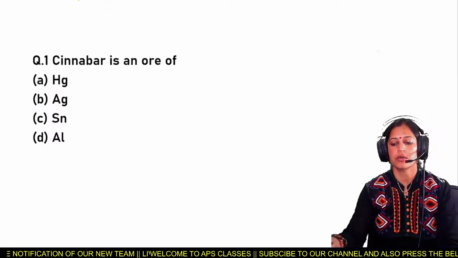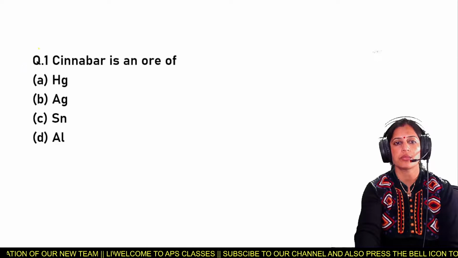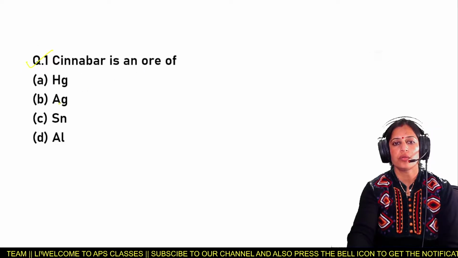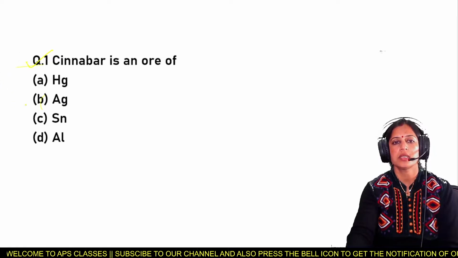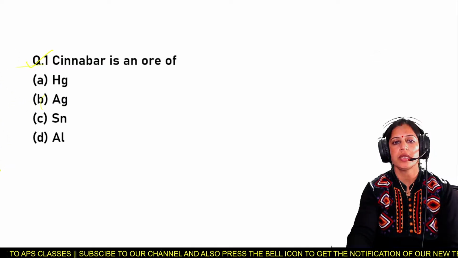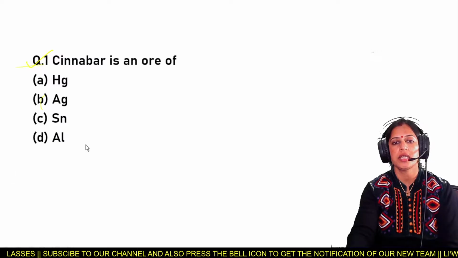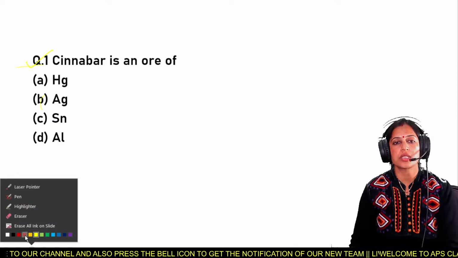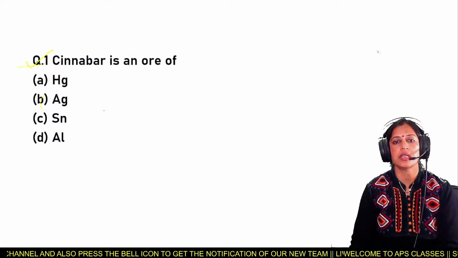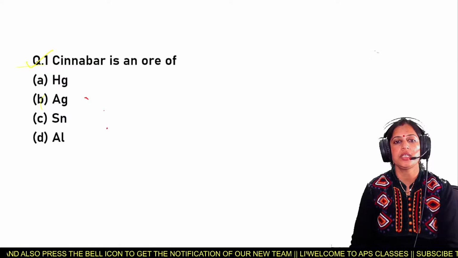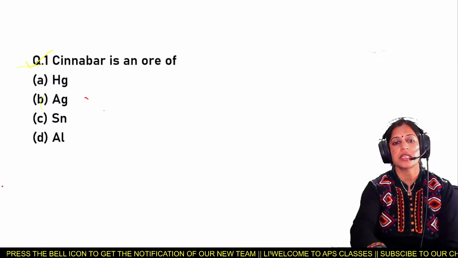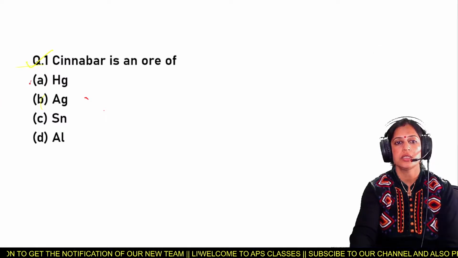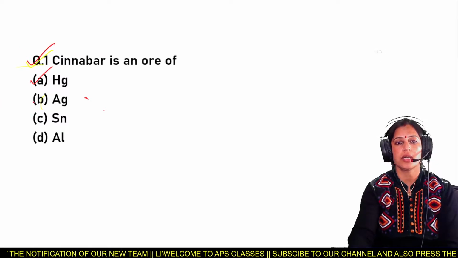Our first question regarding this chapter is: Cinnabar is an ore of Hg, Ag, Sn or Al. There are 4 options, so you have to choose the right answer.